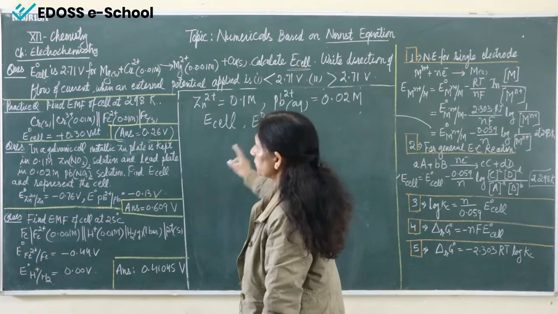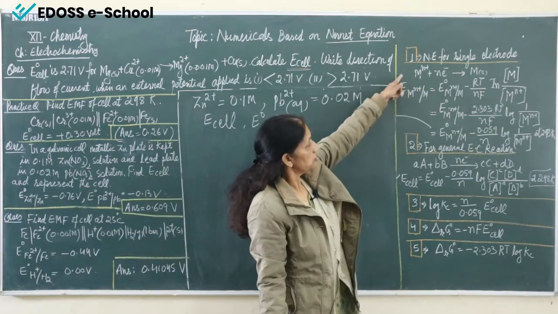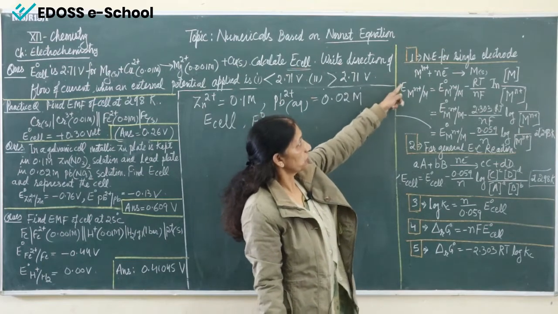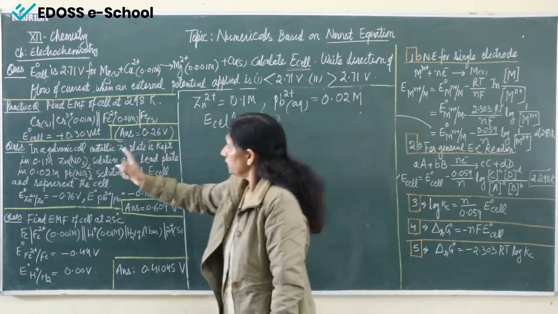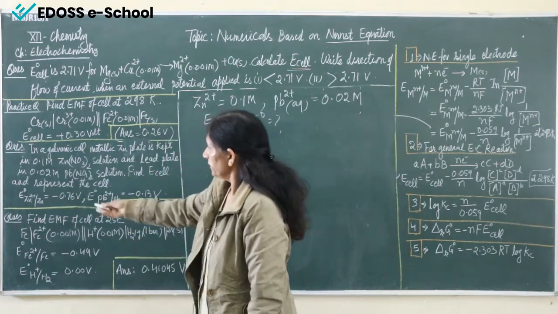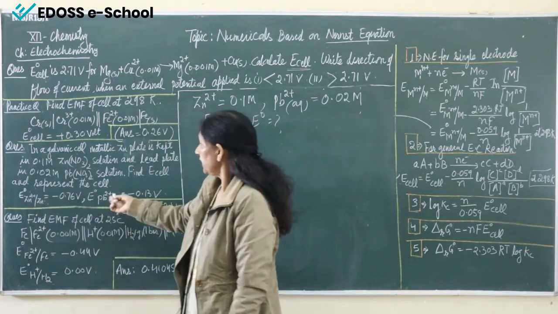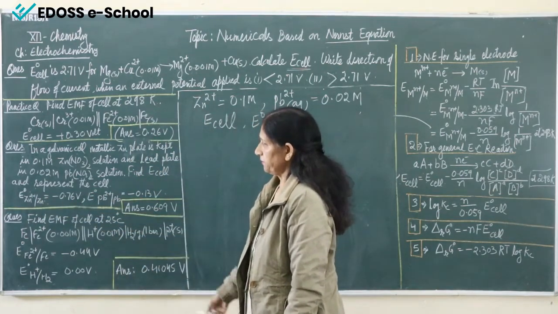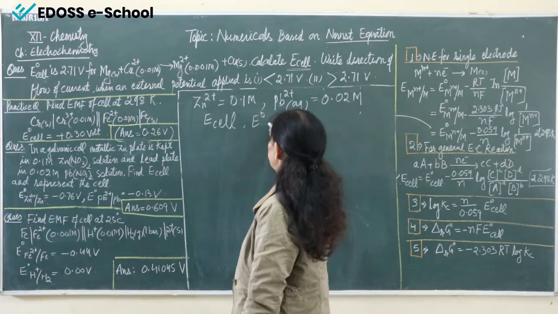So in place of E naught they have given you the electrode potential of a single electrode. Remember, if this type of question comes, they have given you the electrode potential of zinc and the electrode potential of lead. So how to find E of the cell from this?